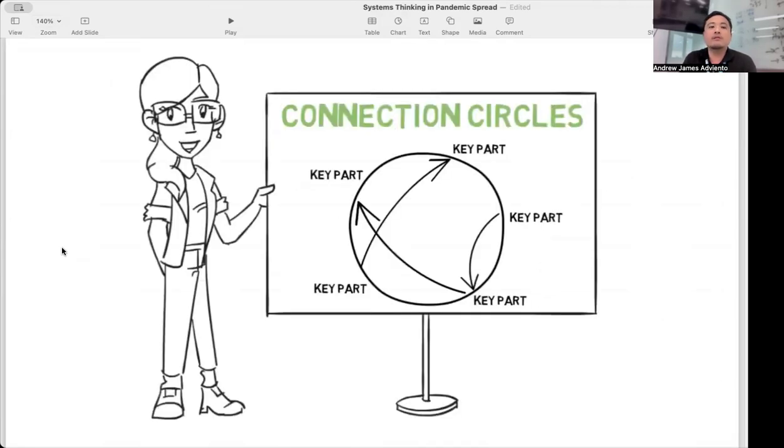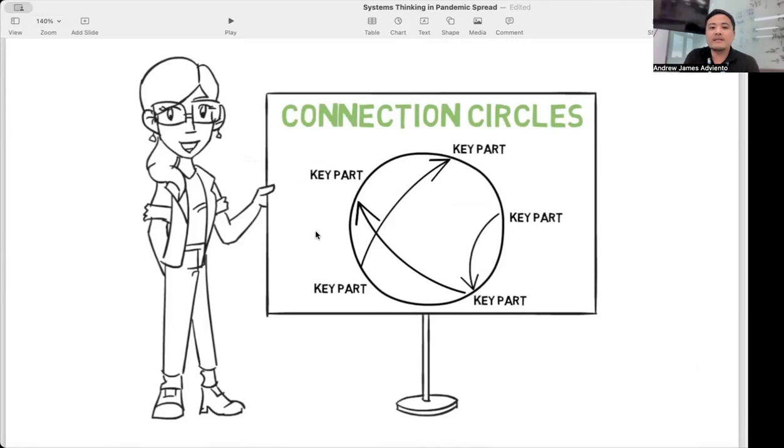Okay, let's go now to the connection circle. I believe this is not in the textbook, but connection circles are how we can see how things are connected. So we use something like this to see the connection of the variables.